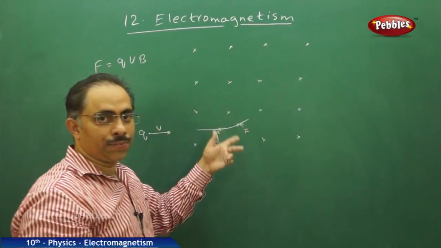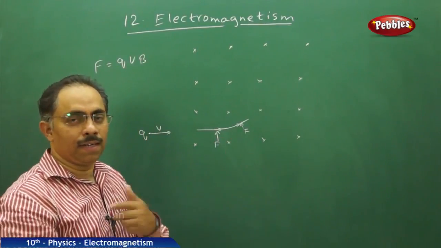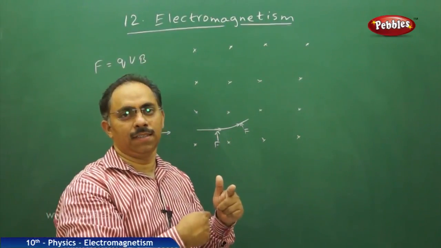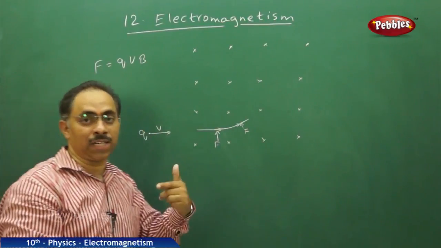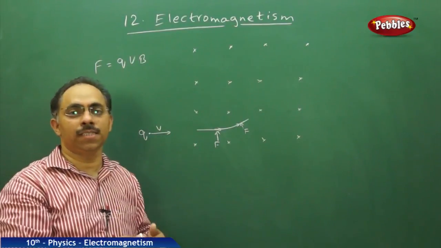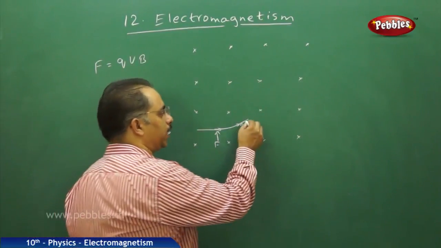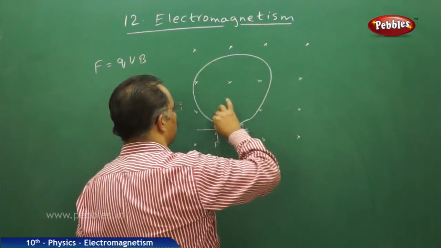So because of this force, the direction of the velocity of the charged particle continuously changes. The magnitude of the velocity is not changing, I am talking about direction. Because of this continuous change, it will not go in the straight path, it will follow a circular path.